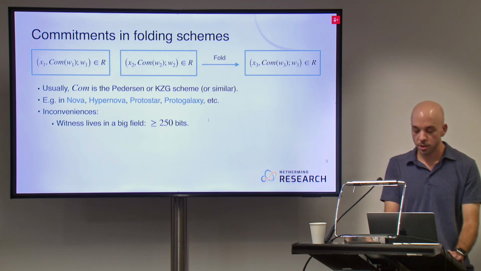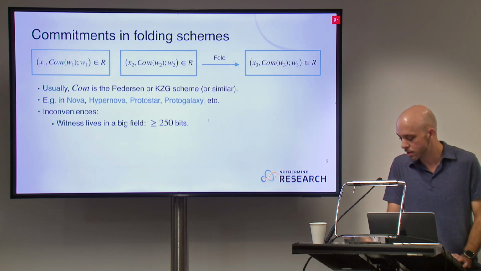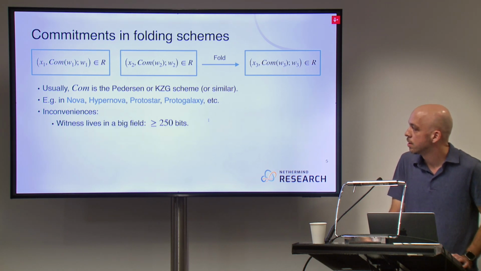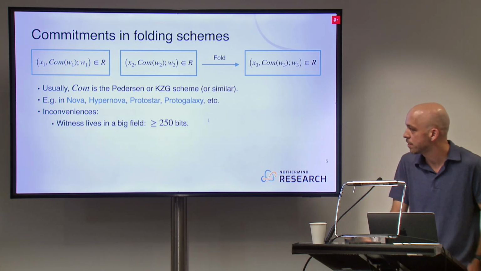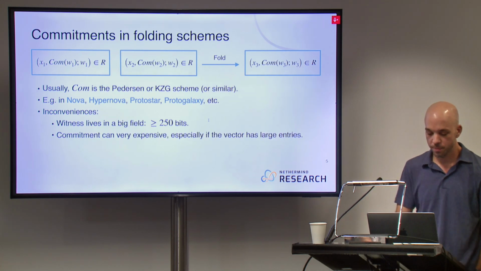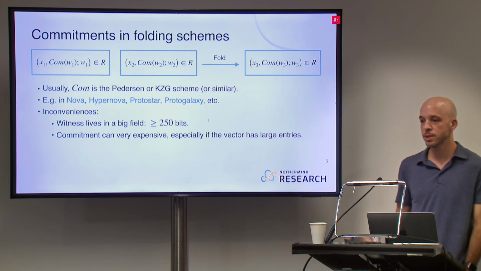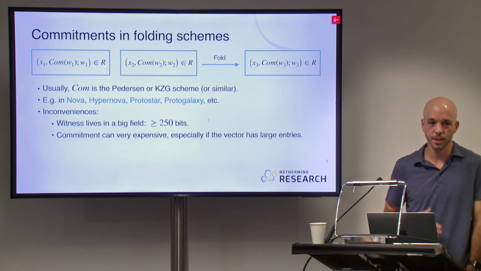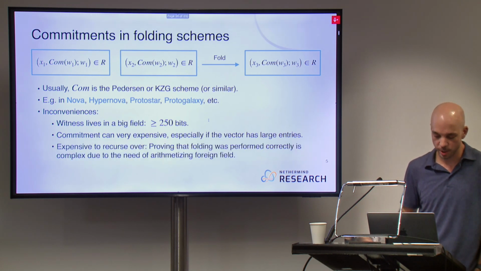One is that you are required to live in a big field, so your witnesses have to live in big fields of at least 250 bits. And commitment can become really expensive, especially if the vector has large entries. If the vector has arbitrarily sized entries, these commitments are extremely expensive.